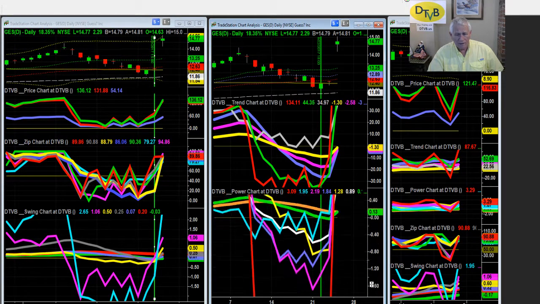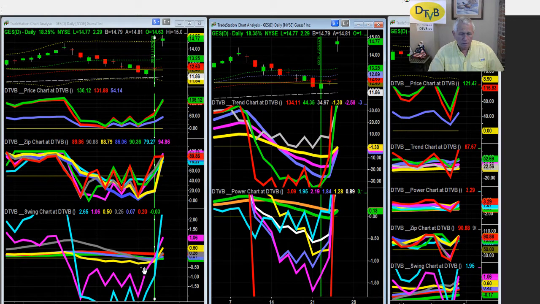There's one there. There's the signal between Zion, between orange and green. We have the pink line crossing over the swing green line. We have the diff separation that's more than 3 times.